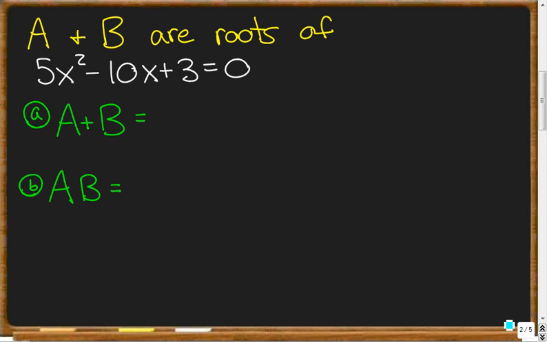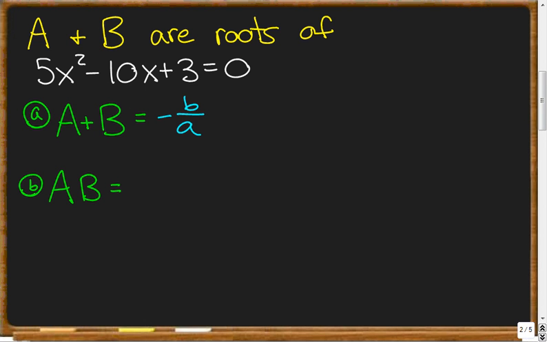Okay, so earlier we looked at some properties of our roots and said, okay, well, what do we know about the sum and product of our roots just given the equation? Well, we looked earlier that the sum of our roots is the same thing as -b over a.